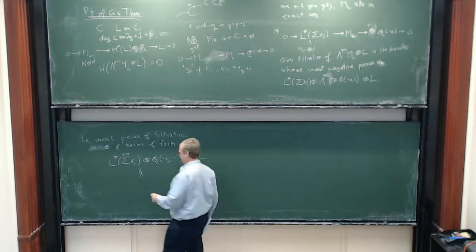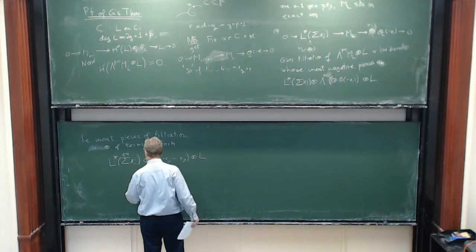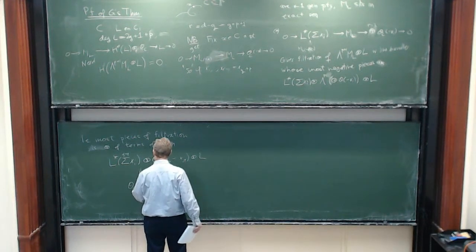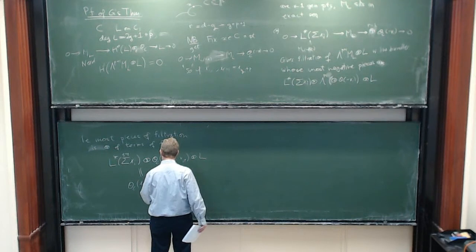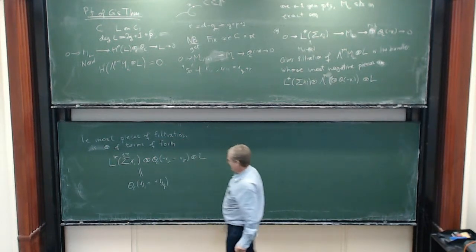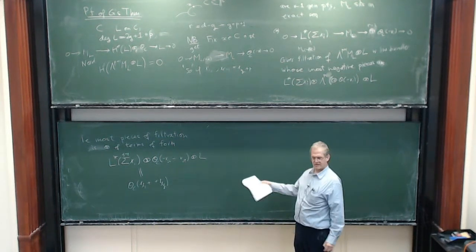So what I end up with is something of the form O_C of x1 plus ... plus xg. The most negative thing I get is just the sum of g points on x.